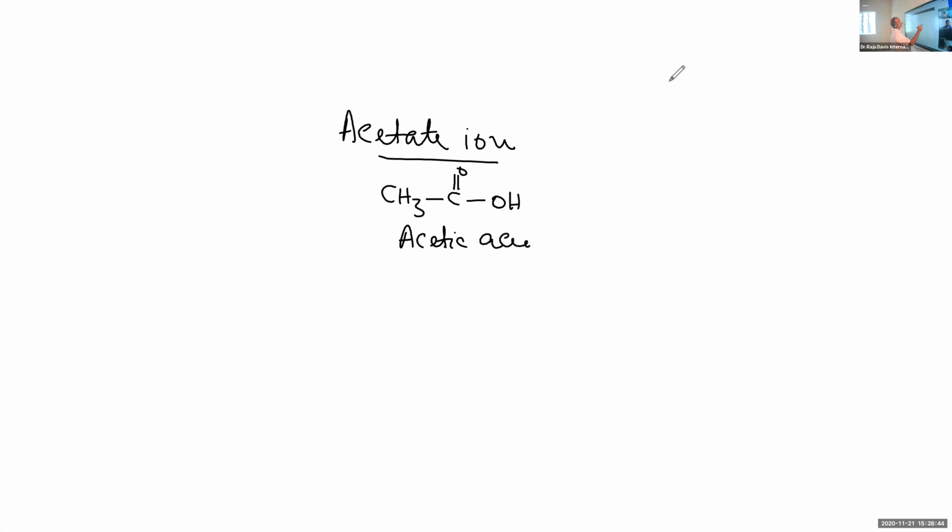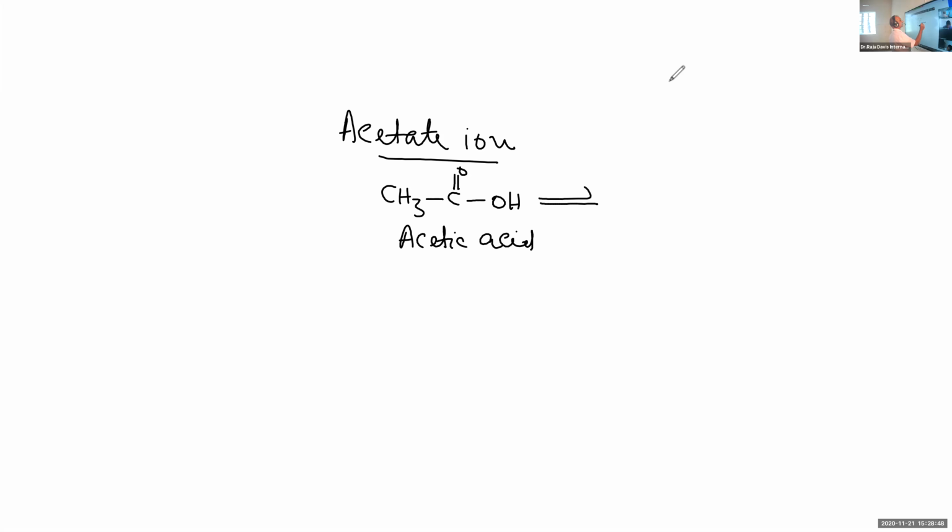Now let us take another molecule. You take the acetate ion, that is formed from acetic acid. You know, CH3, C double bond O, OH. This is our acetic acid, vinegar, or ethanoic acid.